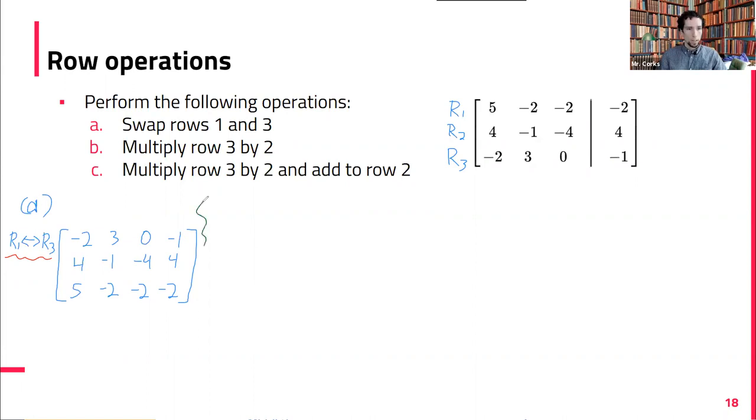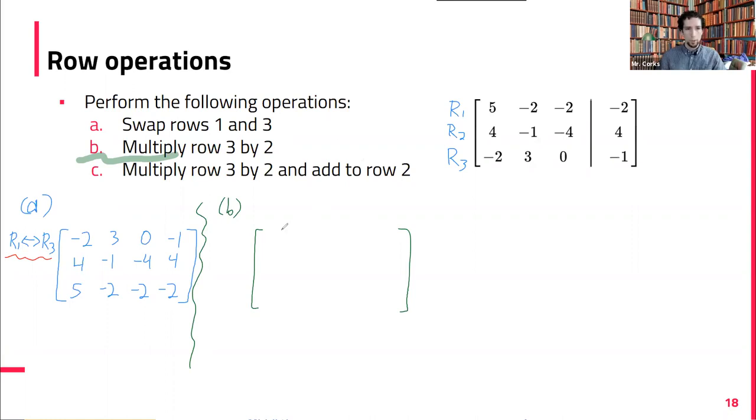All right, let's do the next operation, which is B. Multiply row 3 by 2. Again, I'll write our matrix like this.